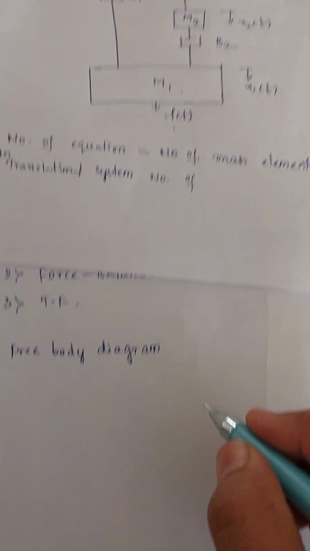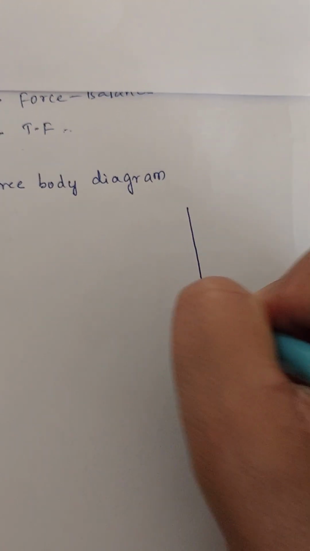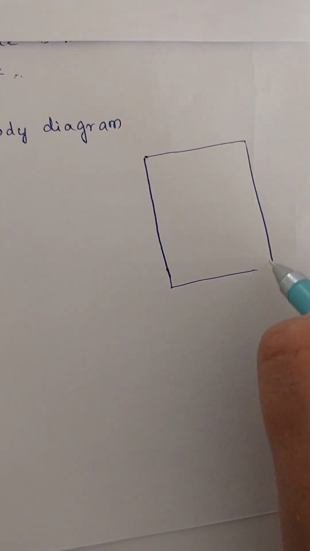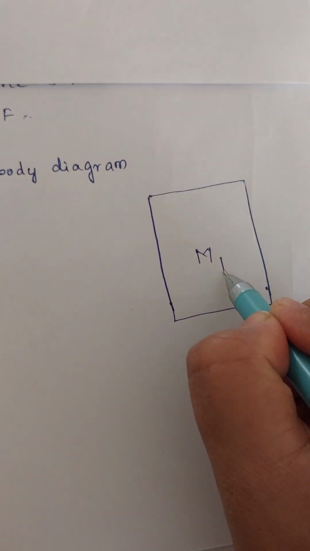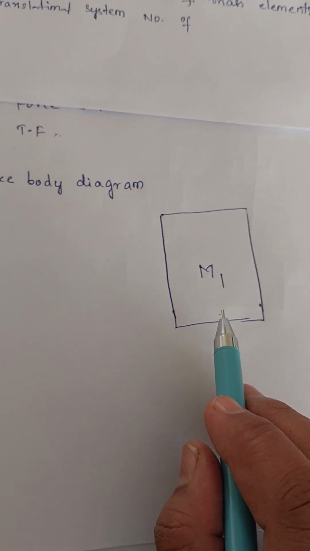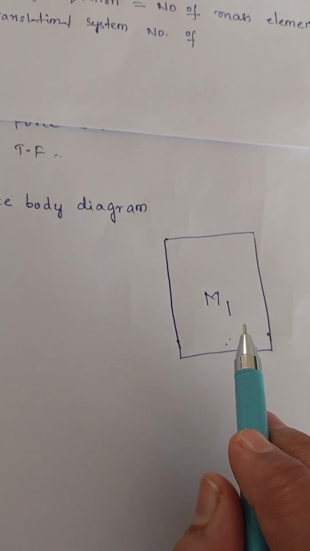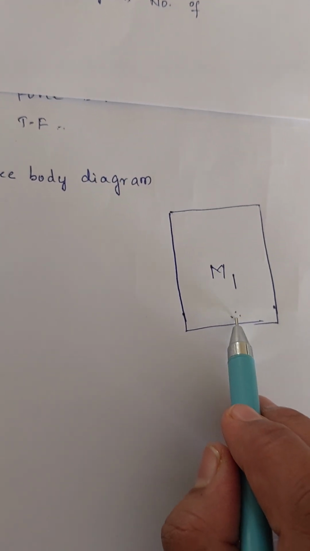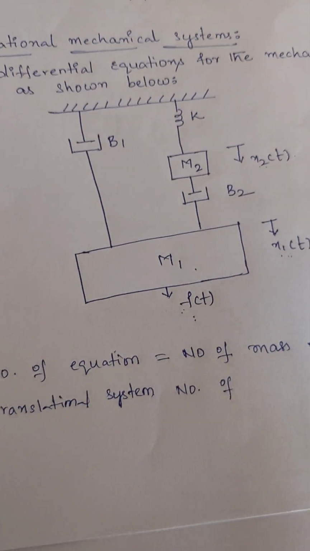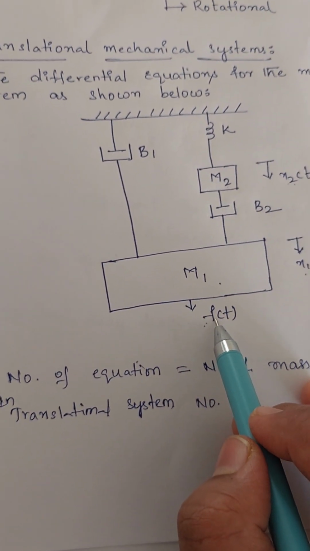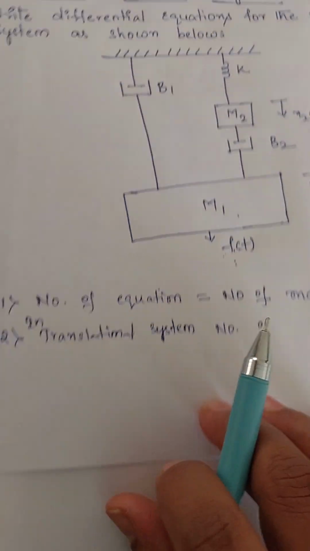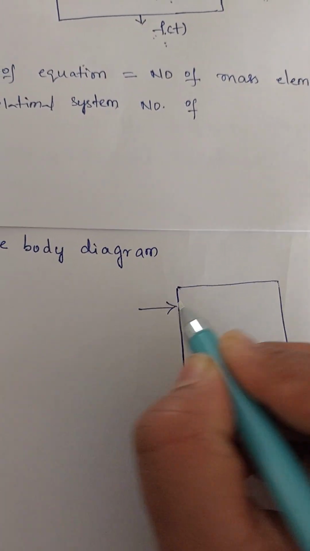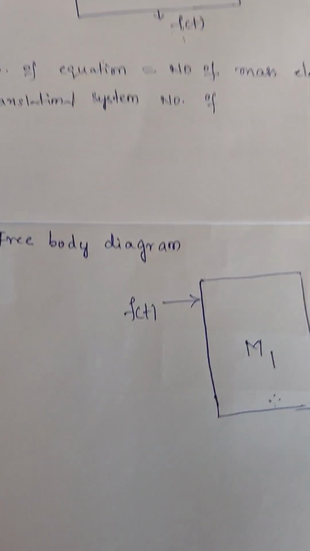For representing the free body diagram, we first represent the mass element like this, the mass m1, and then the input force on this mass. If we have any input force, we represent it; if not, we do not. Here in the given question, we have an input force acting on it, so we represent that force here, F of t.